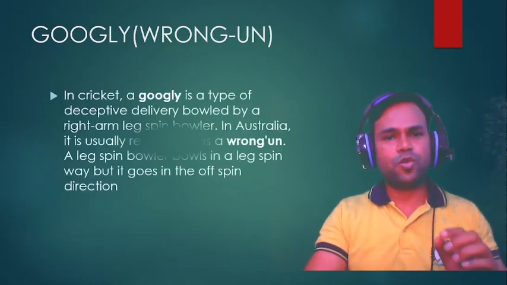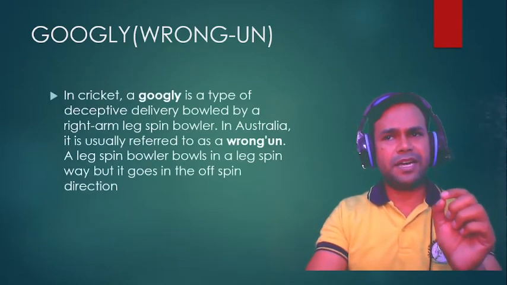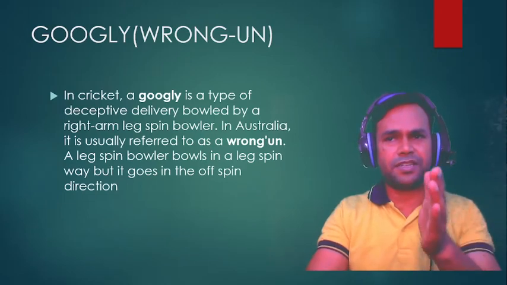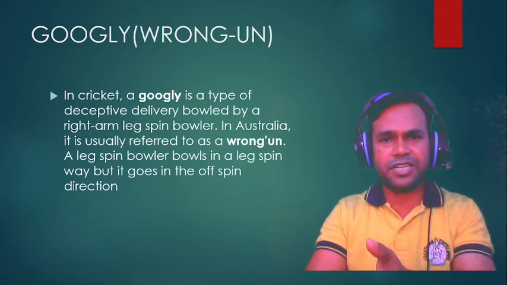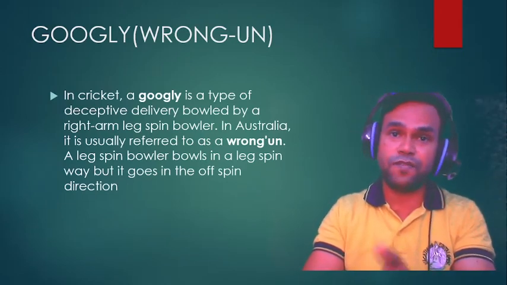And the last one, which is very famous, is the googly. In Australia, it is known as a wrong'un. Googly means whatever the batsman expects does not come. The ball goes like a leg spin, but after bouncing on the leg stump, it does not go toward the off stump.